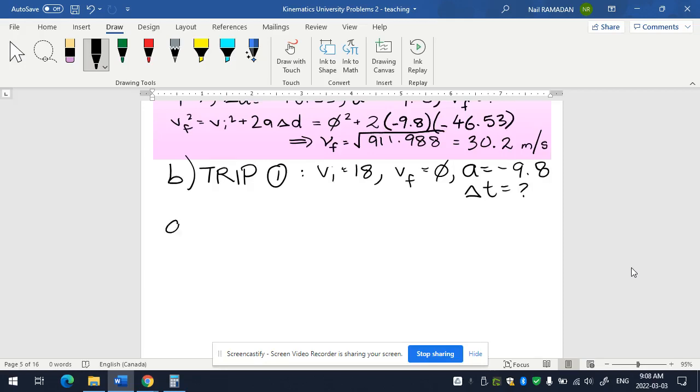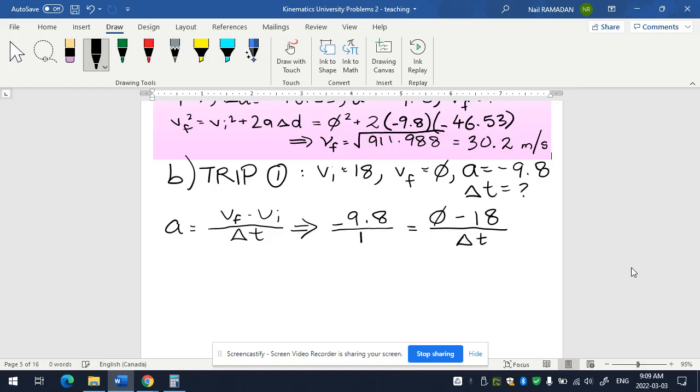Okay. As Kenda said, a equals Vf minus Vi over delta t, a very quick, simple equation. What's my acceleration? Negative 9.8. And we are cross multiplication experts now. What's Vf? Vf is 0, minus 18 over delta t.